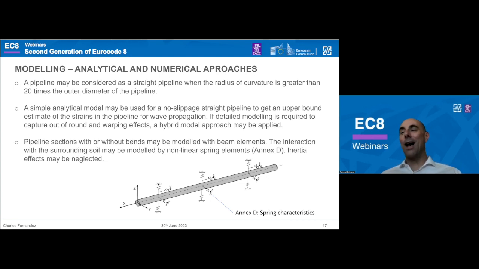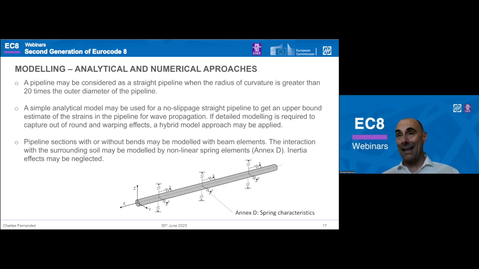Then the question is how we can calculate this spring stiffness. That is the reason for incorporating Annex D. Annex D provides some approaches for the calculation of the spring stiffness. It is an informative annex.